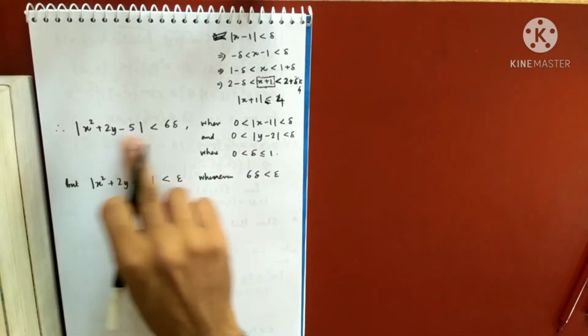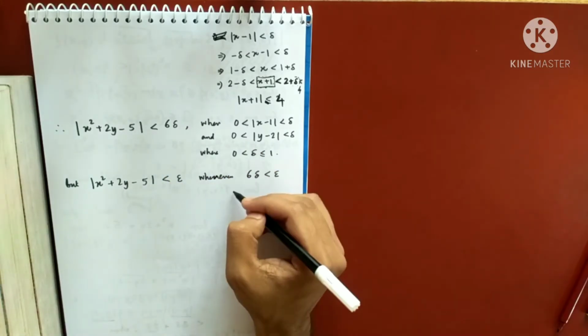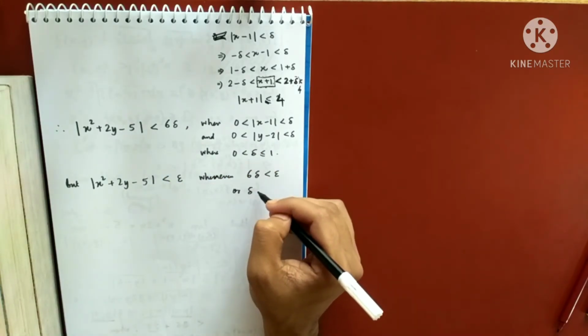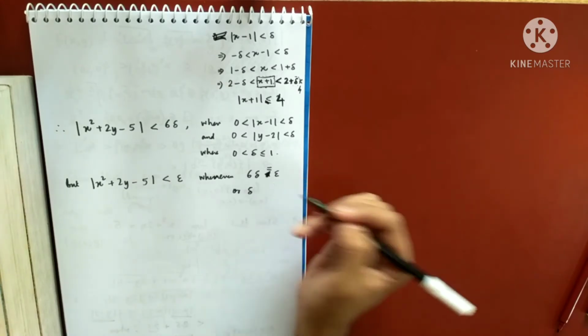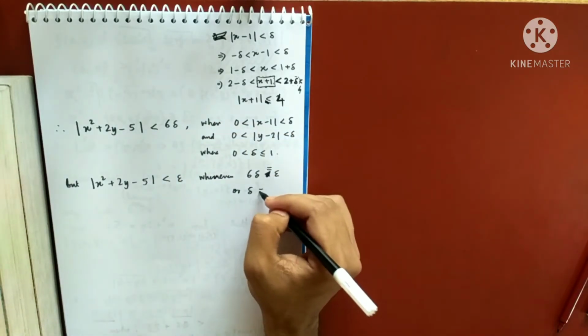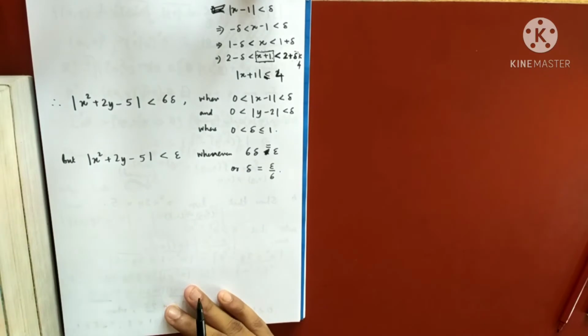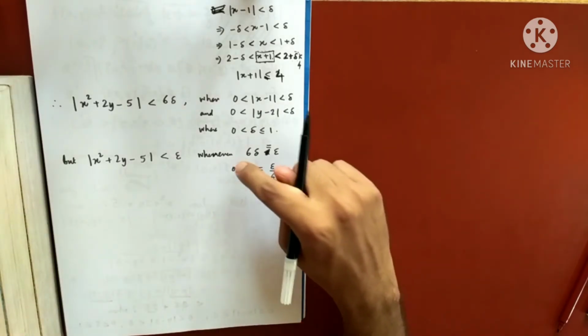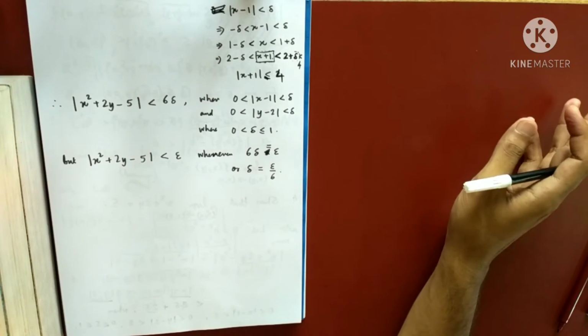So this quantity will be less than epsilon when 6 delta is less than epsilon, or it may be equal also. 6 delta equals epsilon, when this is exactly equal to epsilon, or delta equals epsilon by 6. So my delta depends upon epsilon. Okay, so give me any positive number epsilon, I will get delta this way. Delta is epsilon by 6. Am I clear or not clear?